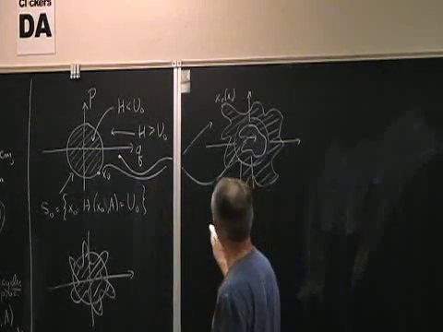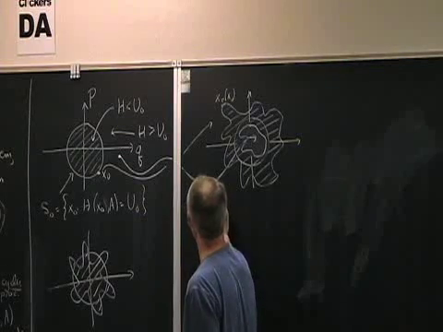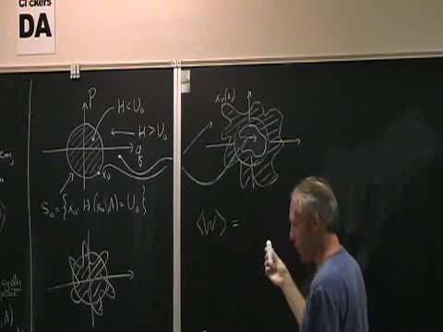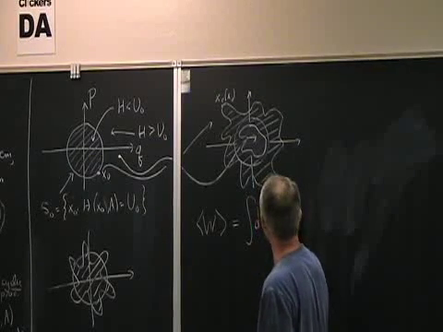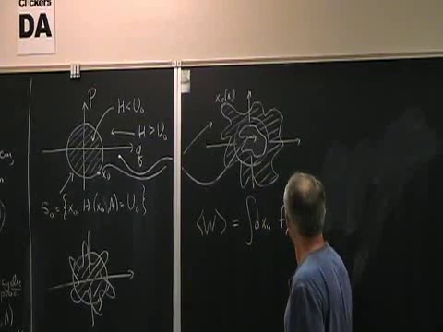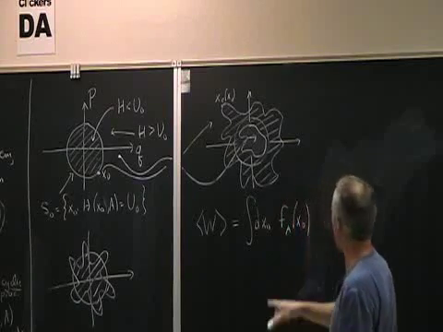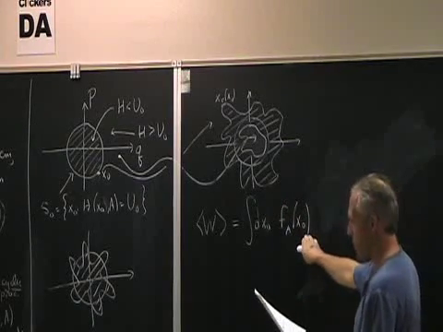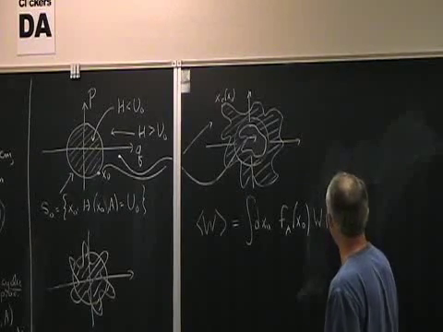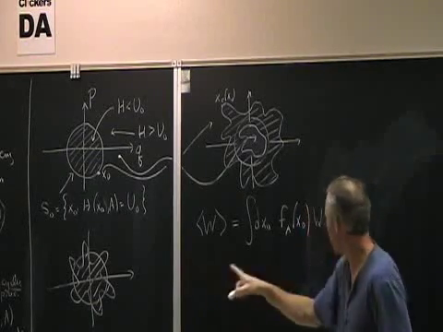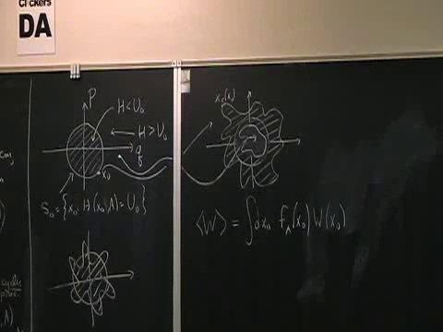Rather, we have to write down Thomson's formulation of the second law as follows. The average work, and I'll explain what I mean by all these symbols in a moment, is given by the integral over initial conditions of f sub A of x sub 0 times W of x sub 0, where W is again the work. It's just a function of the initial conditions.